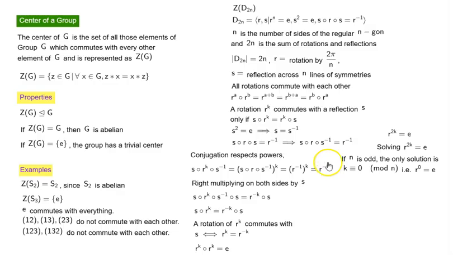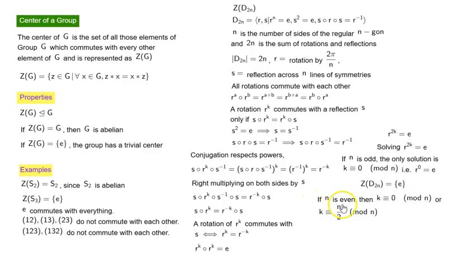So if n is odd, the only solution is k congruent to 0 mod n. That is, r to the power of 0 is equal to e, because if we say k is 0, that means 2k is 0. So when n is odd, the center of D2n is equal to a set containing only the identity.